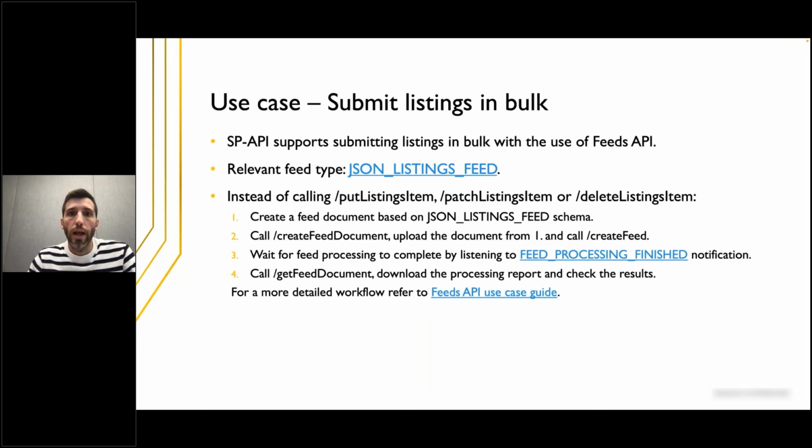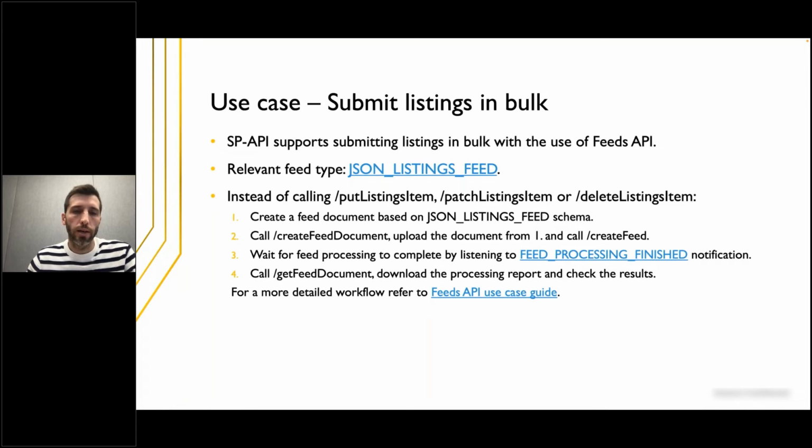So with that, we covered basically all the different use cases for submitting new listings to Amazon or updating the ones you have. We will take a deeper look at some specifics that you want to do while using the listings API and the other relevant APIs for the listings use case. In this case, we will see how to submit this information in bulk, what we saw before.